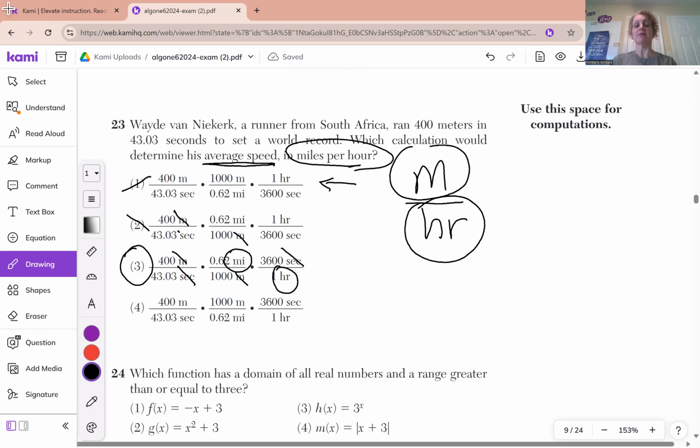They're both in the top. So I know it's not choice 4. So that's kind of like the cross out game, in case, for some students, it's hard to know what goes on top and what goes on bottom. But if you do it this way, it will facilitate that process.